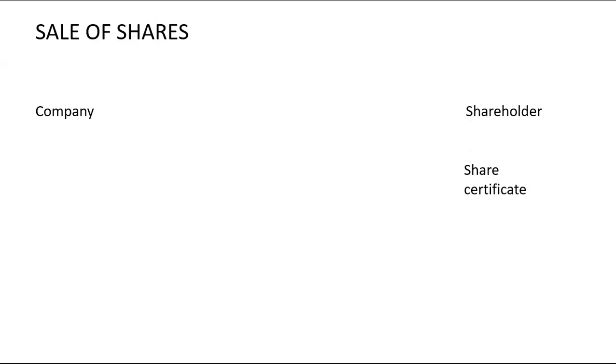In return, what do we get? We get the money. You see, this money that they're giving us, it's done a lot of times. So from when we started the company, we keep on issuing shares, issuing shares. We give different shareholders share certificates. They get the shares, we get the money.